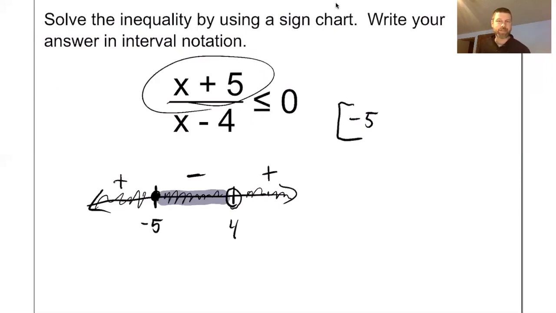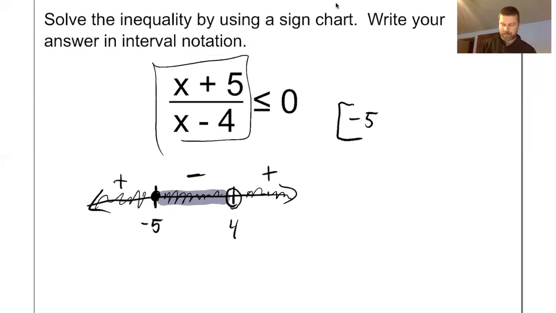That'd be 0 in the numerator. 0 divided by something other than 0 is 0. But I'm not going to include the 4 because that's where I'm undefined. And being undefined is not the same as being equal to 0. So this expression is less than or equal to 0 anytime between negative 5 and 4, including negative 5, not including 4.